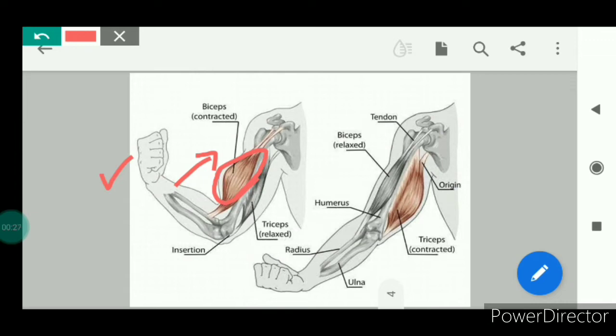So to move the bone in the opposite direction, the triceps will contract to pull the bone towards its original position, and in this case the biceps has relaxed. We can see here the bone has come back to its original position. A muscle can only pull, it cannot push. So the two muscles have to work together to move a bone.